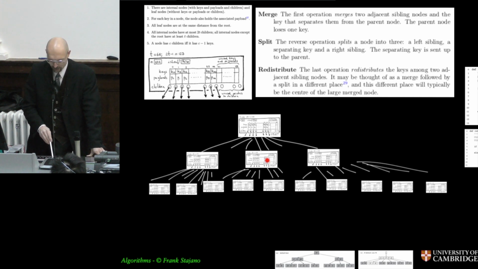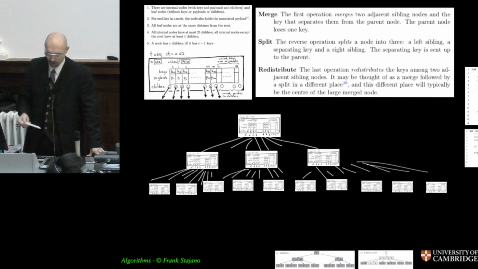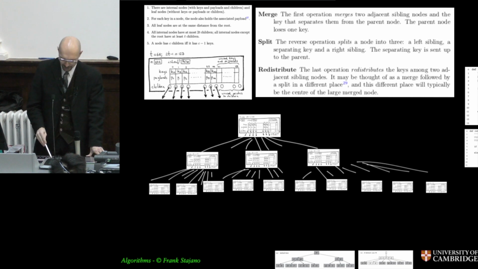If this one has t minus 1 keys, and I would like to drop 1 key down here, because otherwise it would have too few, but the neighbors don't have t minus 1 keys, means they have more, then what I can do instead is a redistribution of the keys between the nodes. So I can basically push things over in this direction through the middle key, so the middle key changes to being one of the donated ones from the adjacent richer sibling, and they are poured back into the node that had the minimum number of keys. I think I did an example with the actual letters last time.